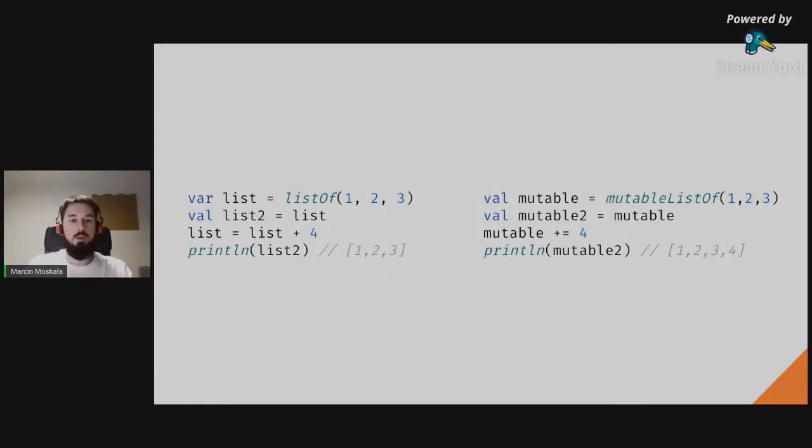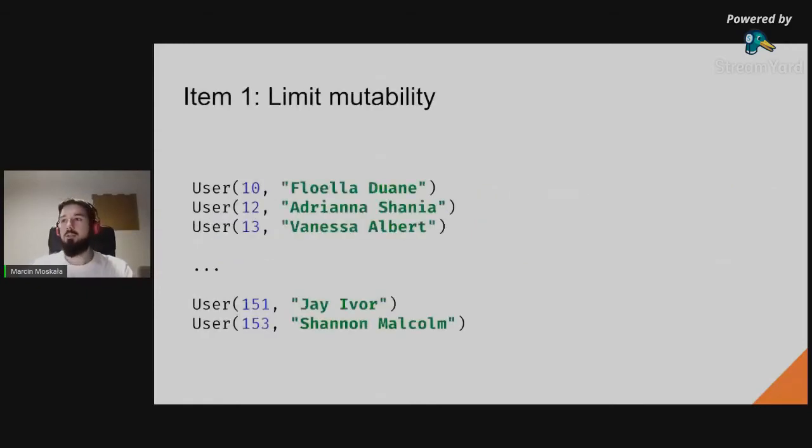A more obvious example: imagine that you have a list of elements, and this list is sorted. Then you get one of those elements, and the ID of this element that was used as a sorting key is mutable, so you can just change it to something else.